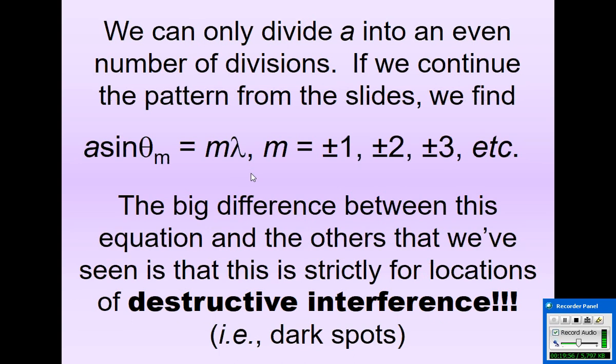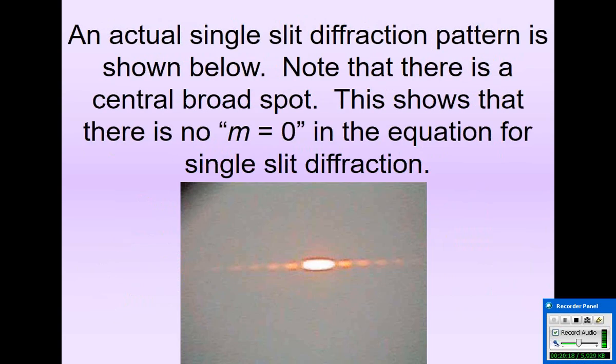Bear in mind, we are strictly looking at destructive interference. We could look at constructive interference, but there is a rather different thing happening in single-slit diffraction that does not happen in multiple-slit diffraction. The big difference is that the light tends to fall into a central blob.